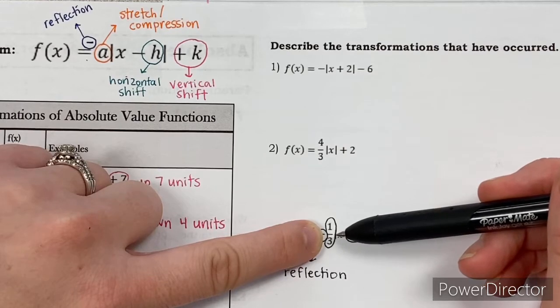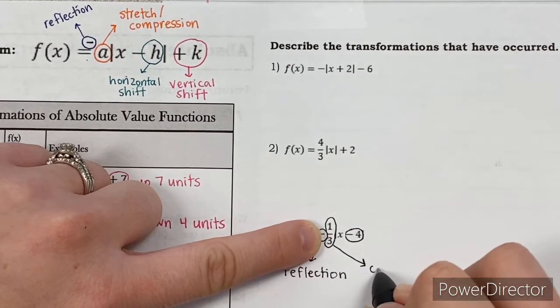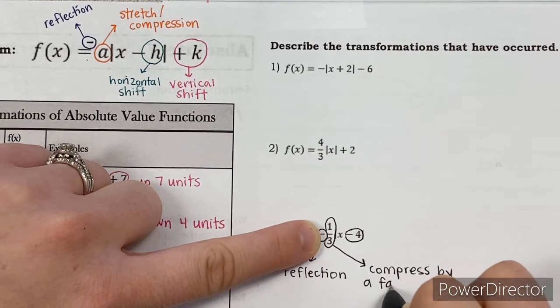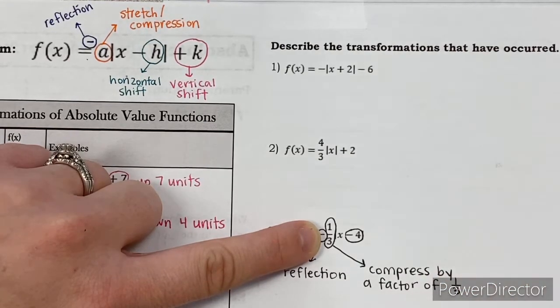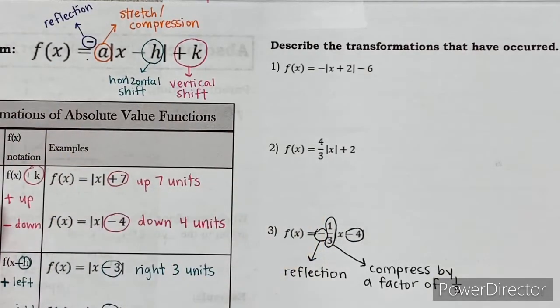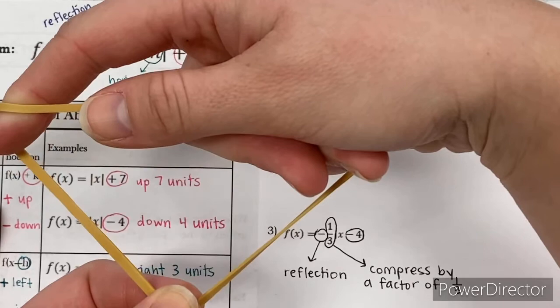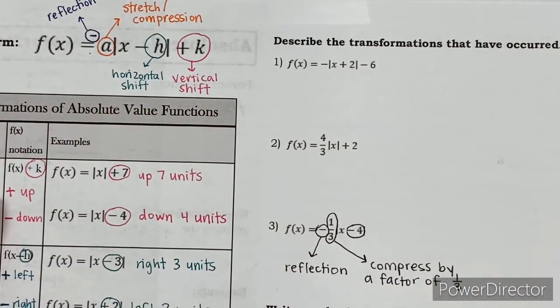That's a number smaller than 1, which means I'm going to have a compression. So compress by a factor of 1/3. That's what that 1/3 does to my graph. So instead of having a normal size graph, I'm going to have a slightly wider graph with this one. Oh, and I have flipped it upside down because of the reflection.